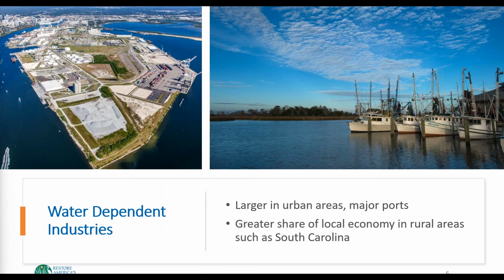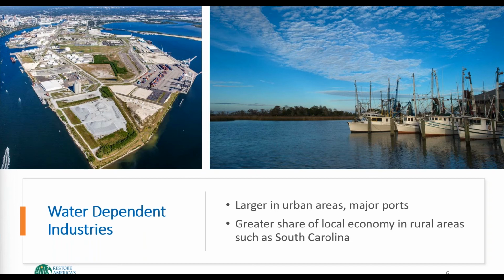Within that GDP, there are, of course, some sectors that are water dependent and others that are located in that region simply because the population is there. There are some interesting narratives within those water dependent industries that I think are really critical to highlight.